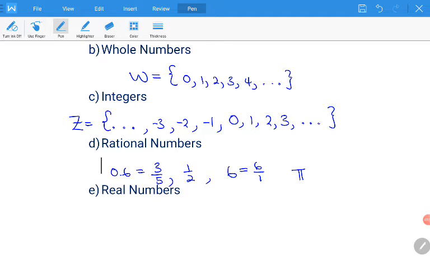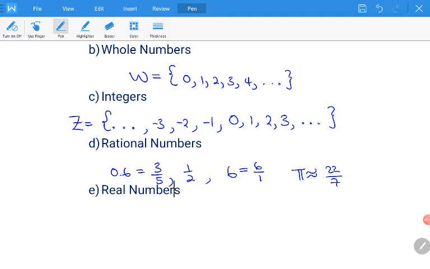Although we normally use 22 over 7 to estimate the value of pi, this is not the actual value of pi. The actual value of pi cannot be expressed as a fraction.